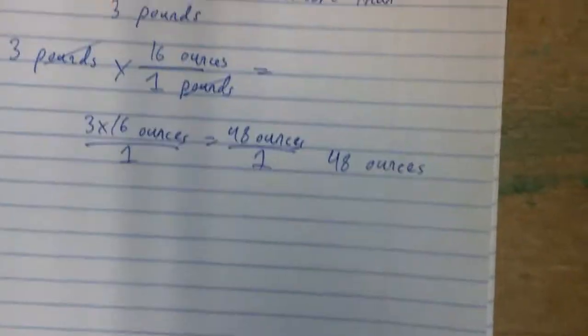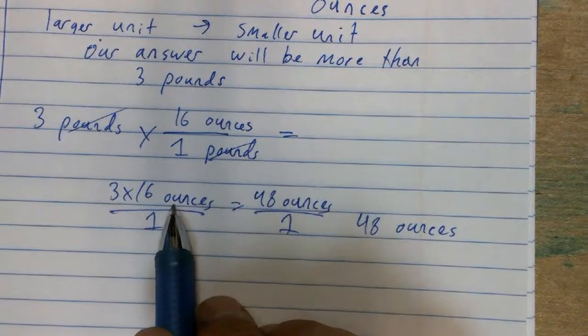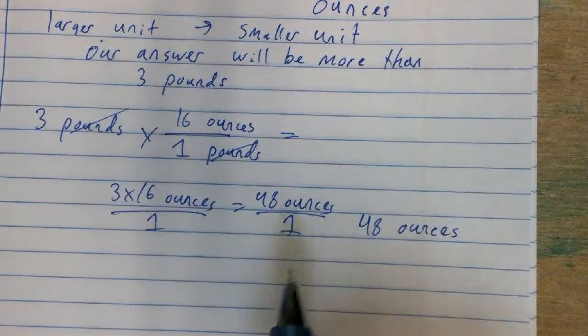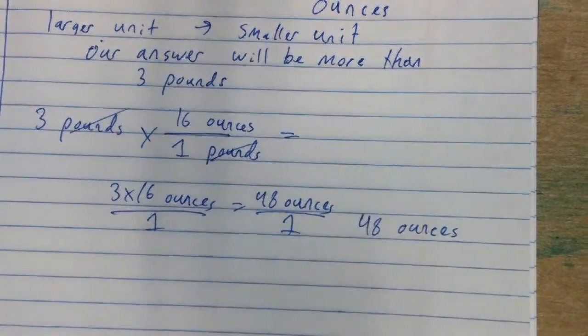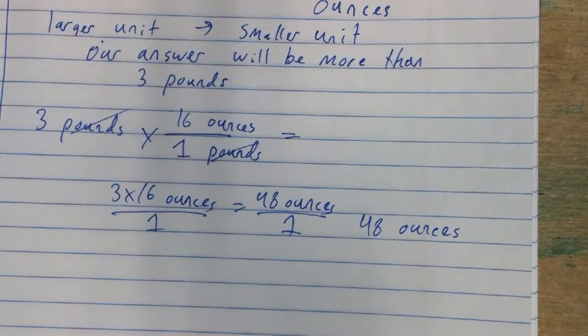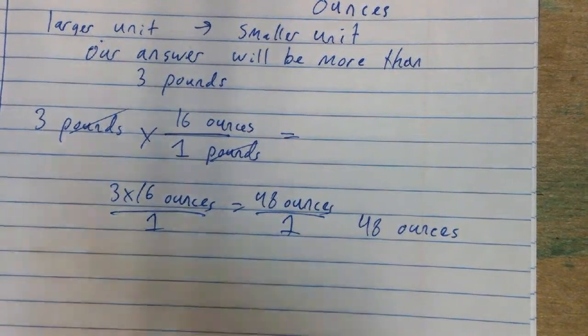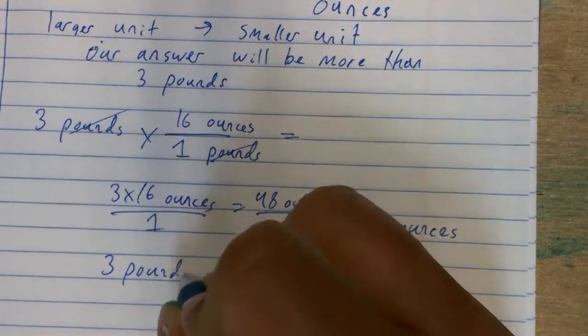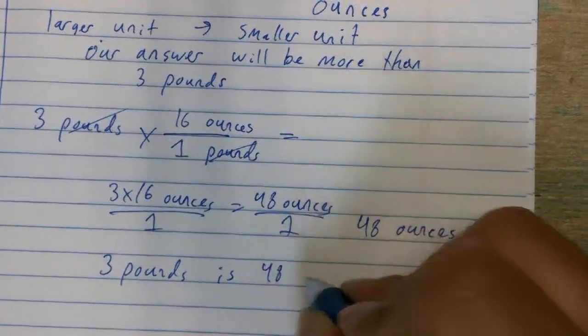And you're like, okay, we can't see what we just did. 3 times 16 ounces, 48 ounces over 1, 48 ounces. But that's not the final answer. What we just did right now, we said 3 pounds is the same as 48 ounces.